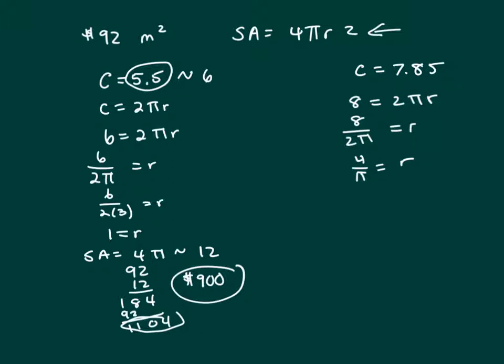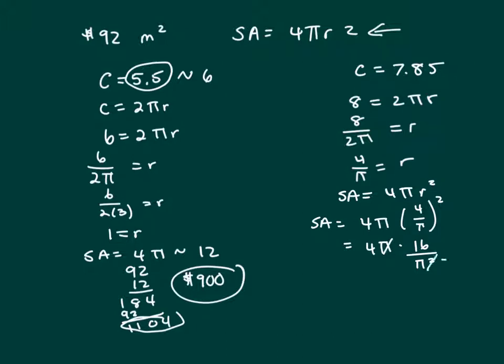So that's my radius. I need to find my surface area. My surface area is 4 pi r squared. So my surface area is 4 pi times 4 over pi squared, and that's going to be 4 pi times 16 over pi squared.